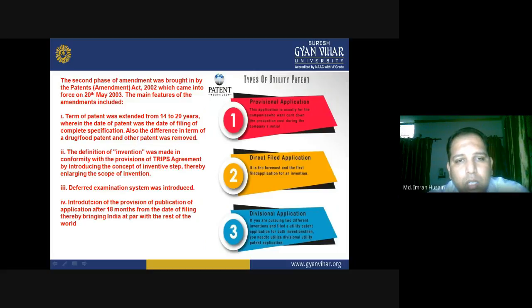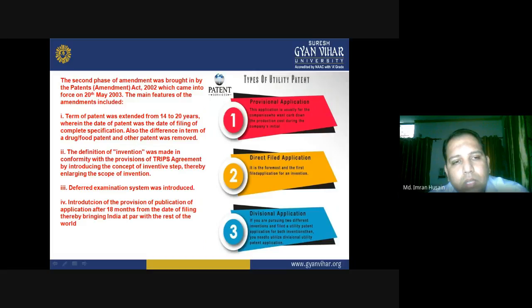So, what are the main features that were included in the amendment? First, the term of patent was extended from 14 to 20 years, wherein the date of the patent was the date of filing the complete specification. Also, the difference in the term of a drug, food patent, and other patents was removed.